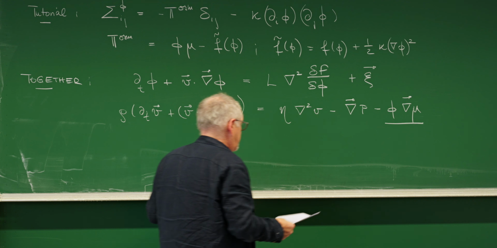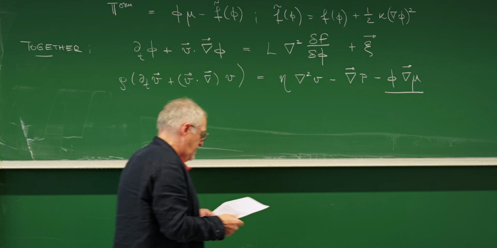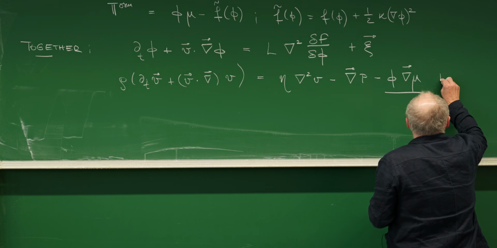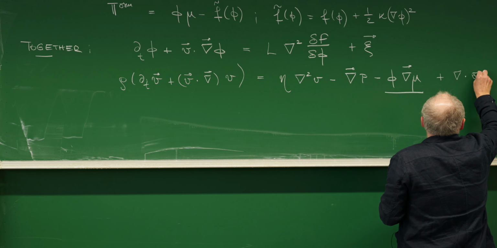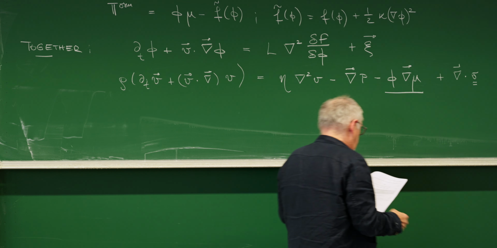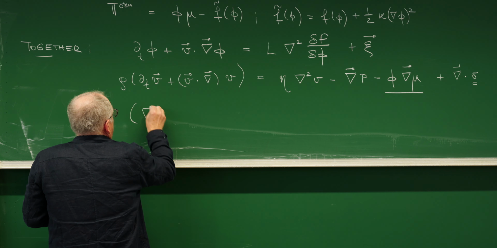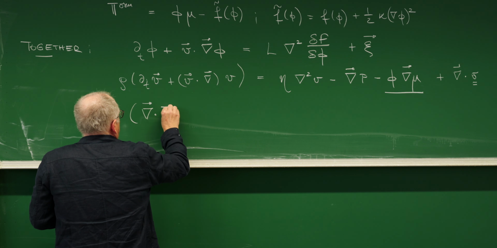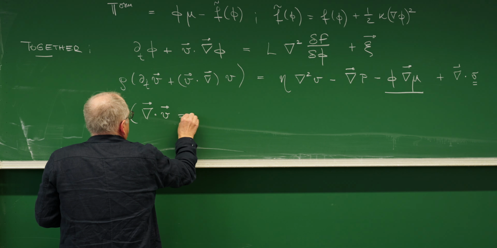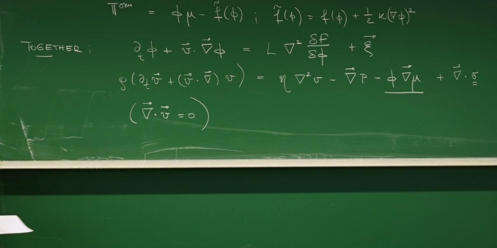Here it's a minus gradient of the chemical potential times the density plus the corresponding nabla times the noise term, and the constraint under which we discuss this is that the fluid itself is incompressible. Okay, so that's our model H.